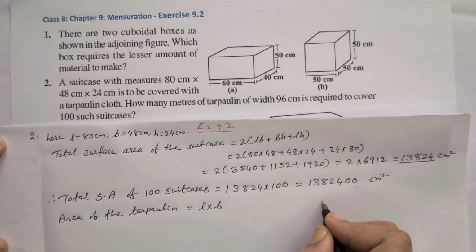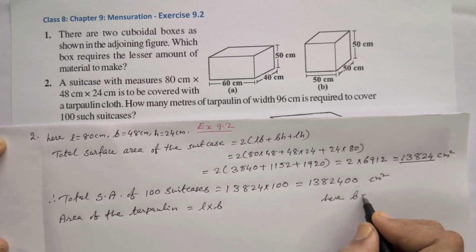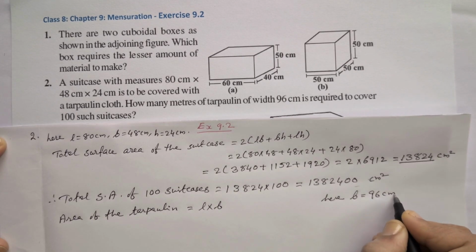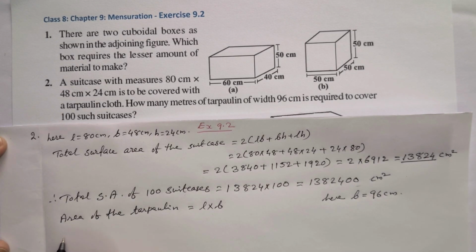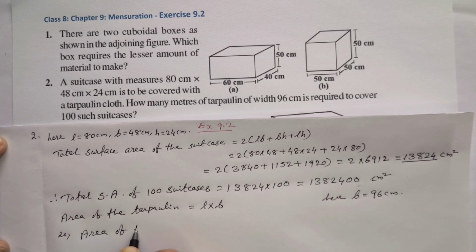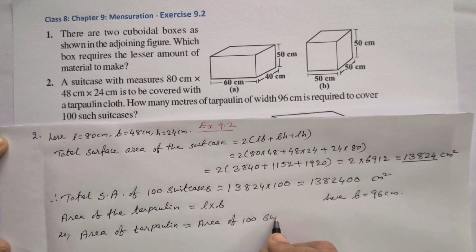Here width is given, that means breadth B is equal to 96 centimeter. Now we know that area of the tarpaulin is same as area of 100 suitcases. That is, area of tarpaulin is equal to area of 100 suitcases.